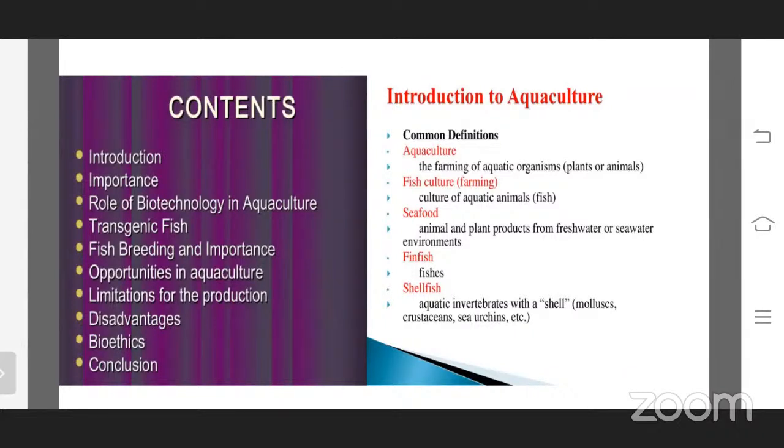They give nutritional food, nutritional proteins and fats. Proteins are found in high richness in the different types of aquatic animals and aquatic weeds. This is what we consider seafood.